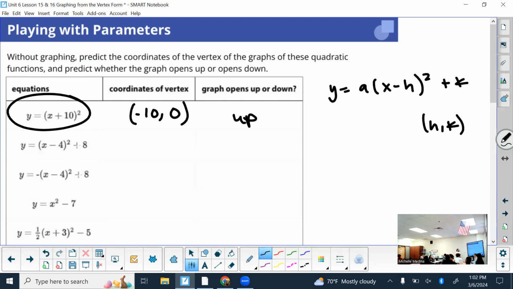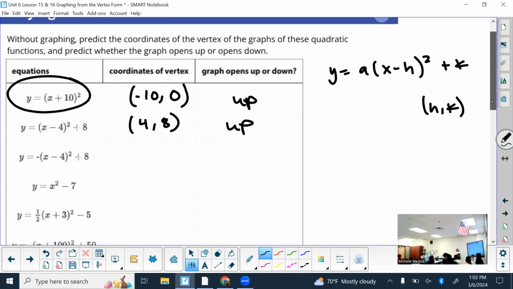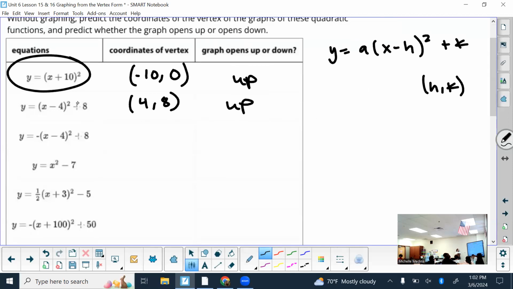So table 1, what's my vertex of this one? 4, 8 is correct. Table 2, does this one open up or down? Good, that is correct. The H always looks opposite of how it looks in the equation. K always matches. Table 3, what's my vertex of this one?